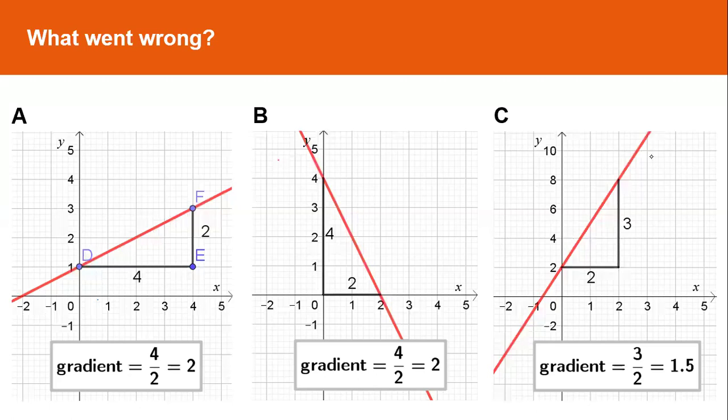We go to Kenish. Oh, Kenish's hand is down. Okay, Tasha, you can explain. For B, I think B is correct because when you're getting gradient, it is rise over run, and the rise is 4, and then the run is 2, where the gradient is 2.